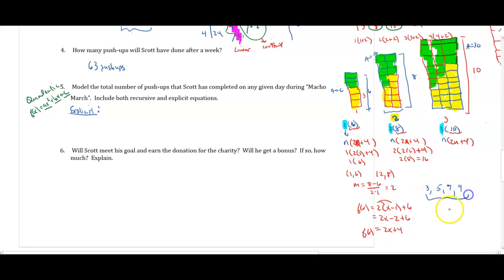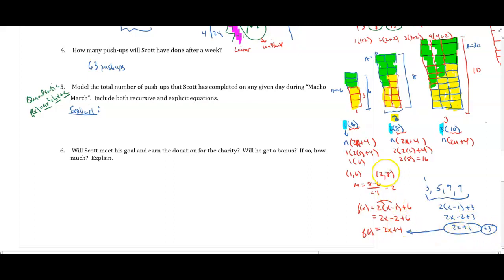If I write a rule for this sequence, my rate of change is 2. Then if I say this is day 1, x minus 1 plus 3, I would get 2x plus 1. How does this differ from this? Well, if I add the original 3 I started with, that would give me 2x plus 4.